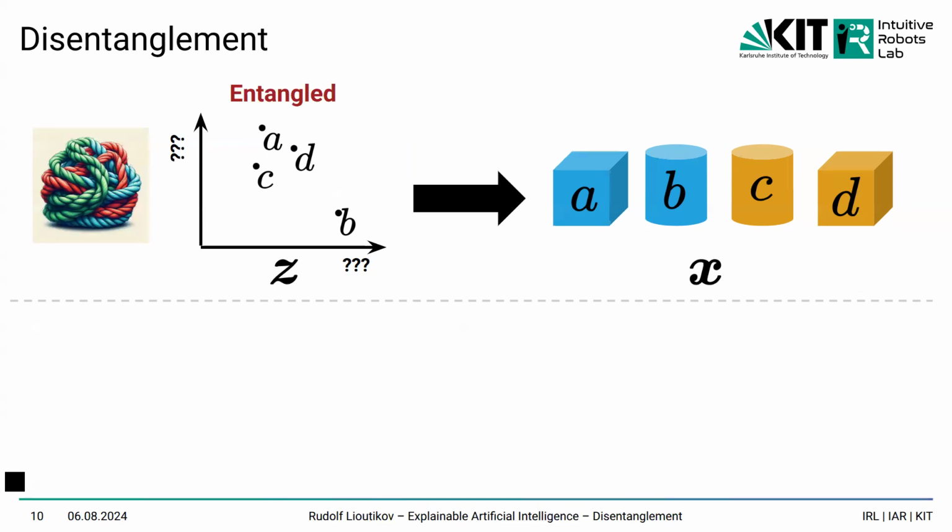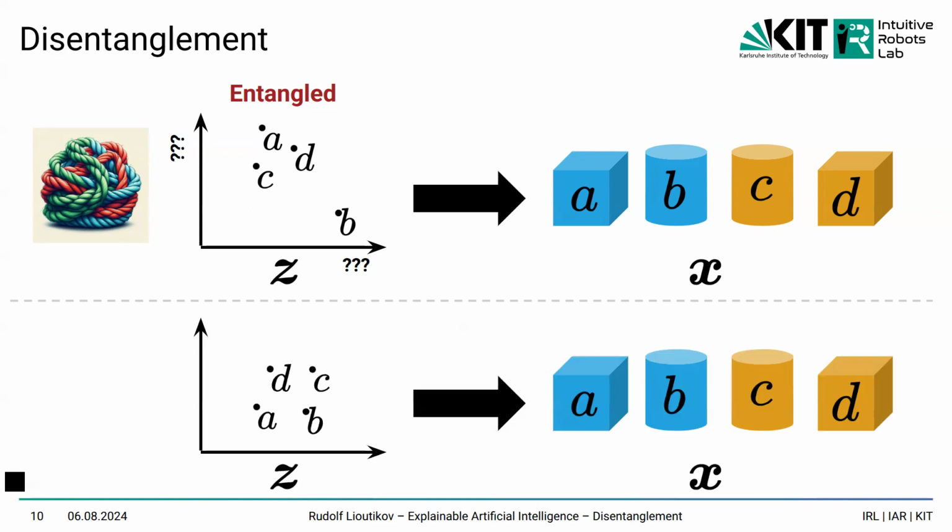We don't really know what Z and X are, because even if you look at the samples, A seems to be high up, okay? D also seems to be high up. So maybe it's the square-ish shape, right? Could be on the Y-axis and so on, but this is something that we need to interpret, right? Whereas if we have a latent space that looks like this, it is significantly more interpretable, right? So who wants to give me an idea what this could be?